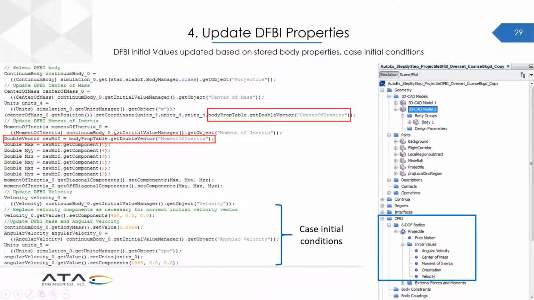So now the next step is to update the DFBI properties with the information that we just stored. This one is mostly recorded, although there are some manual parts that I've added or had to change. If you're recording yourself doing this in the macro recorder, you would click on the different properties shown here under the DFBI node.